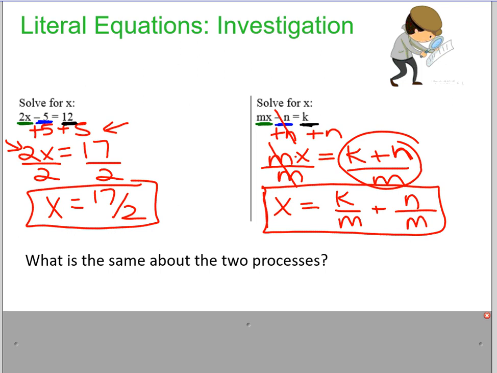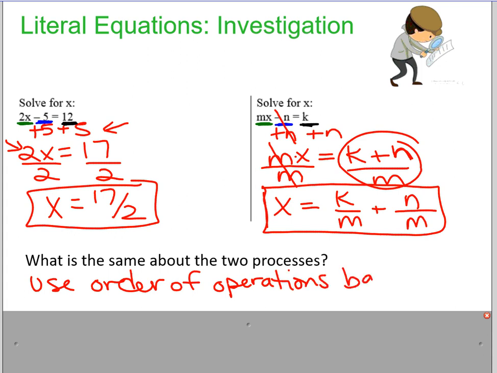So what's the same about the two processes? In order to get x by itself, I still use order of operations backwards, okay? In other words, I got rid of my subtraction or my addition first, and then I get rid of my multiplications or divisions.